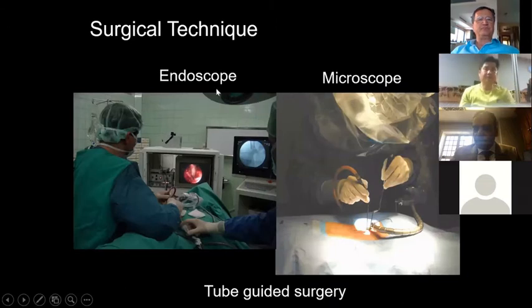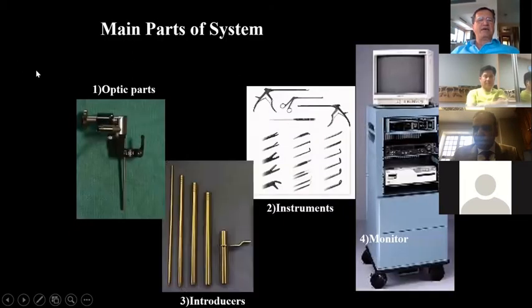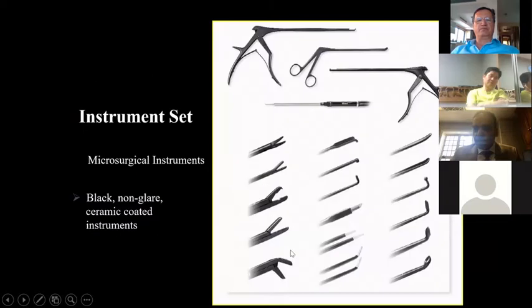As I said before, an endoscope or microscope is possible. The main parts of the system are the optic parts, introducers, instruments, and the monitor. But if you look at the instrument set, they are almost the same as you are using in microdiscectomy.